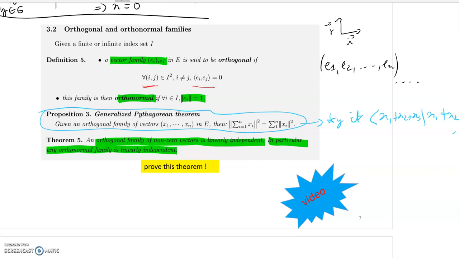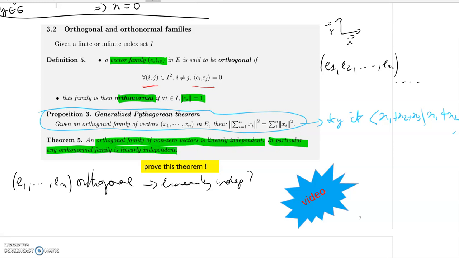What do we assume in that theorem? We assume we've got, let's make it a finite family, this family which is orthogonal. The question is, is this family linearly independent?